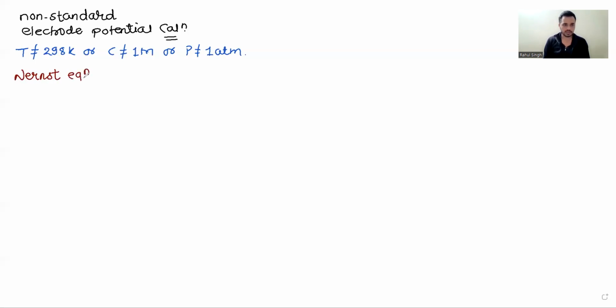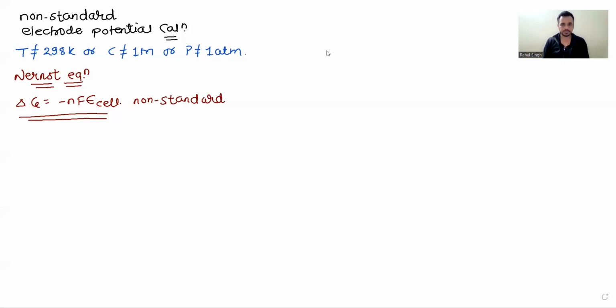One form is delta G, the free energy change, which is equal to minus nF E cell. This was for the non-standard part.